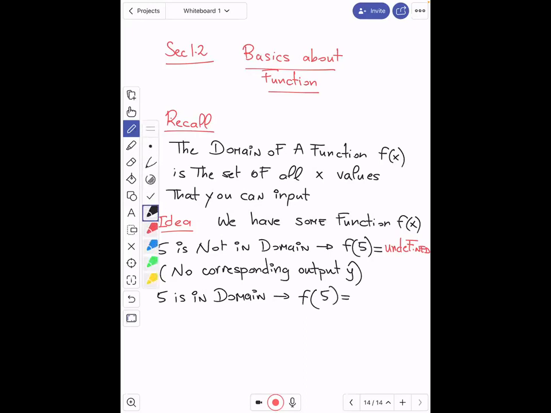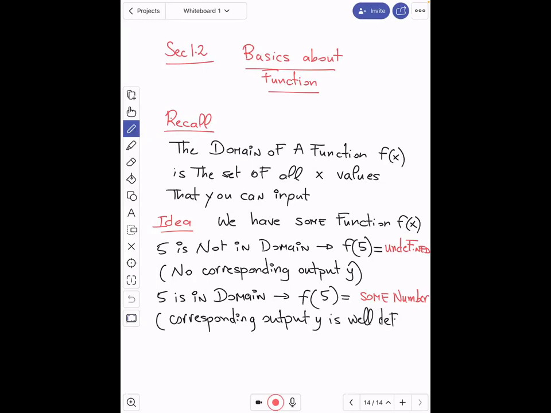It's going to be some number, and so in other words, the corresponding output y is well defined. So that's what we mean by the domain of function f.